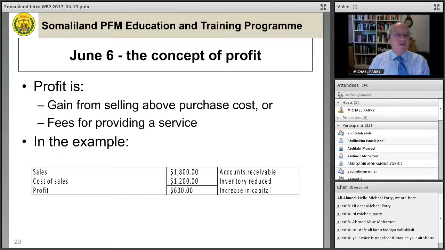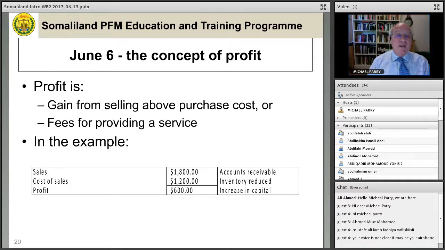Until June the 6th, when we have the first sale and profit. Profit is either the gain from selling above purchase cost, or the fees for providing a service. In this example, we made a sale of $1,800, and we are told that we've sold inventory which cost us $1,200, so we made a profit of $600.